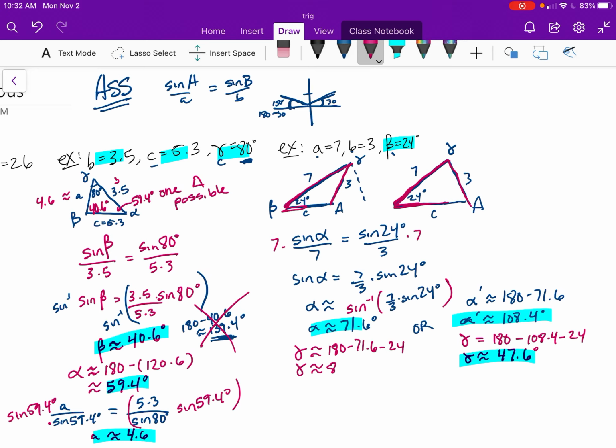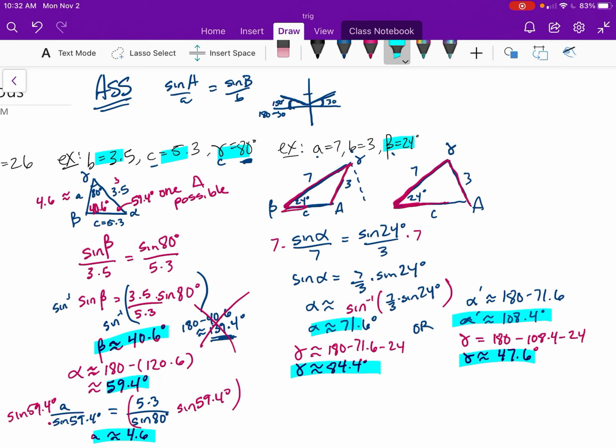Minus 24. 84.4. Yes, that looks right. Okay. Sorry, I should have had that prepared.